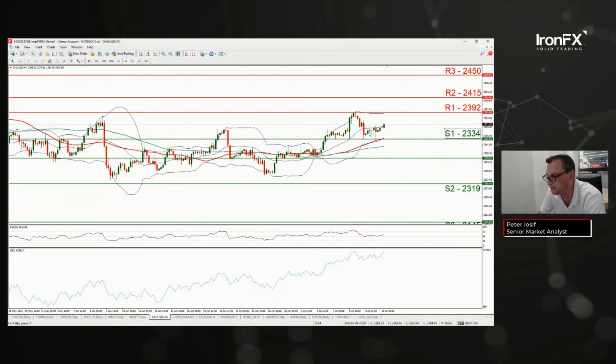We have a wide margin within which the price action could play, and hence I'm setting the S1 at 2350. The S2 at 2320. And the S3 at 2280.